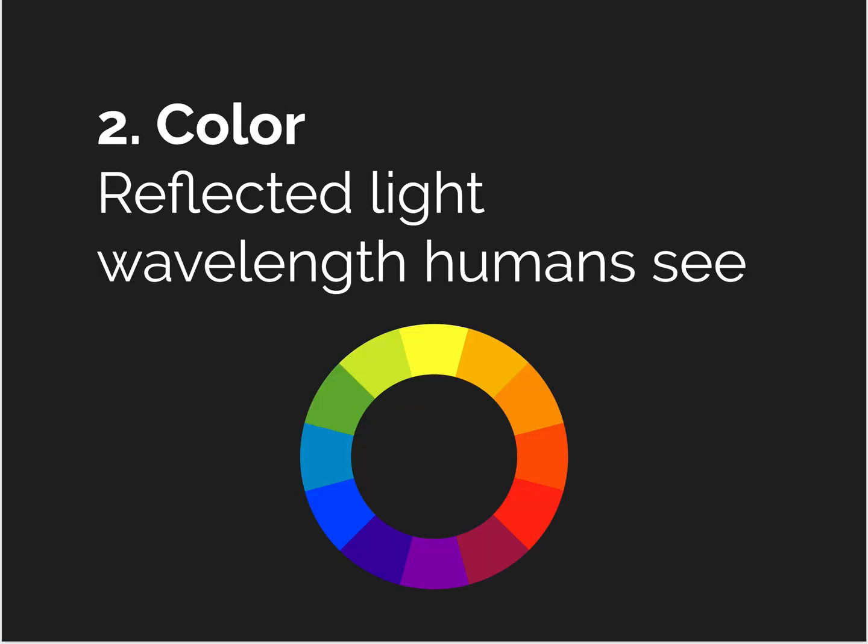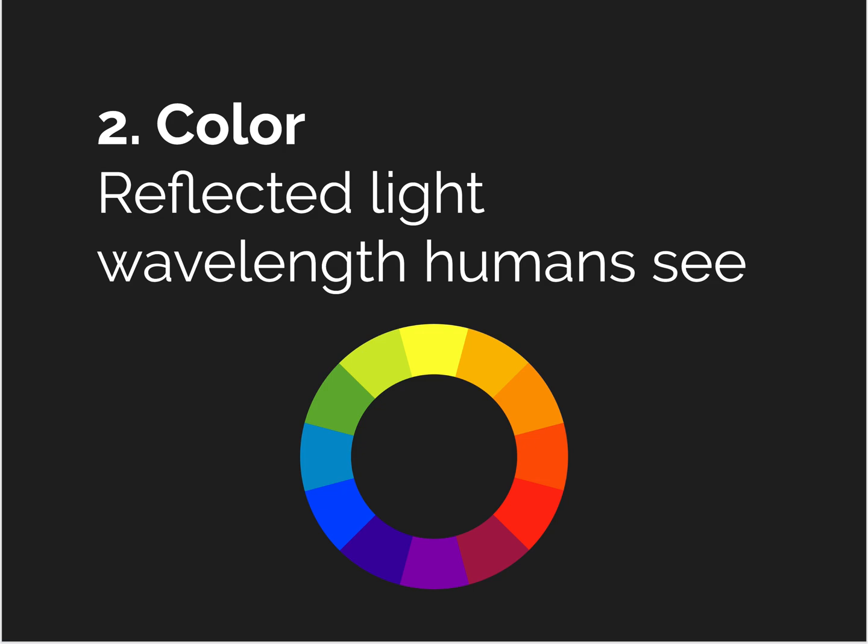Color. Color is reflected light wavelength humans see. So the color of an object, whether it's that yellow at the top or that purple at the bottom, is the wavelength reflected off of that object. If you see a red apple, you're seeing those wavelengths from the spectrum reflected to your eyes.